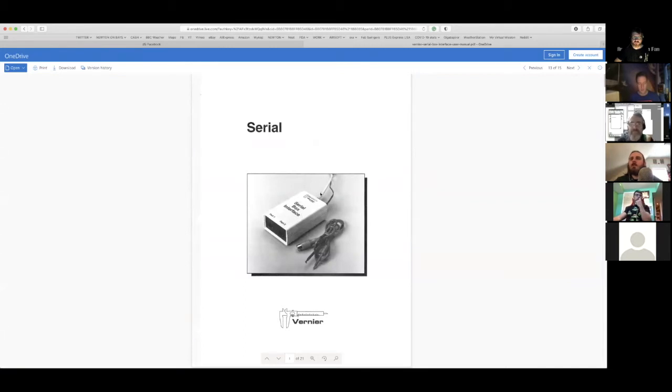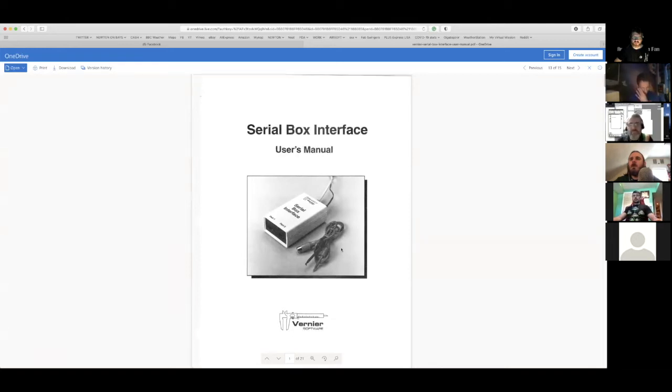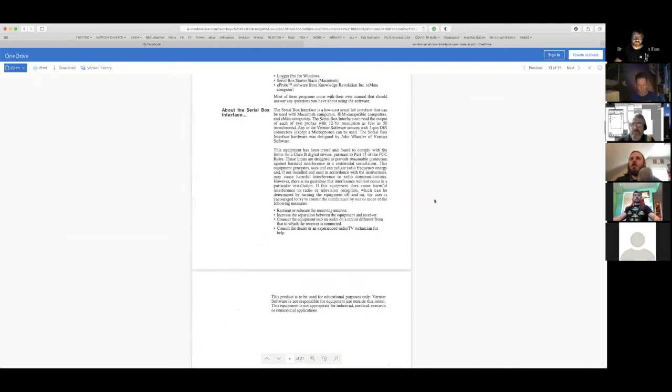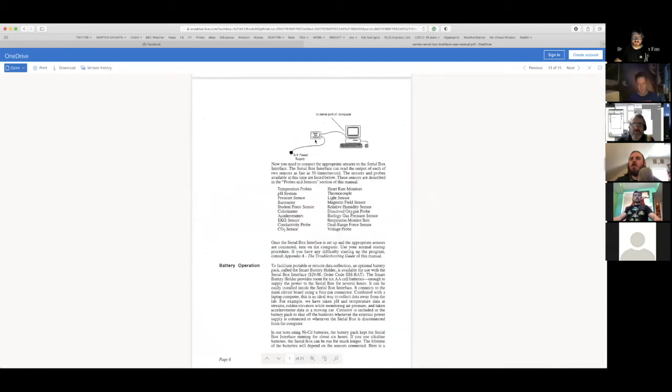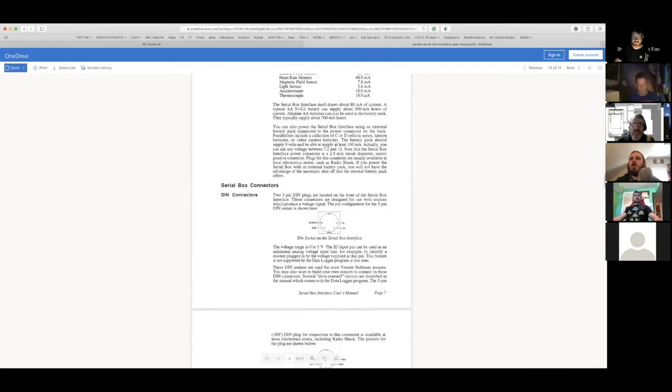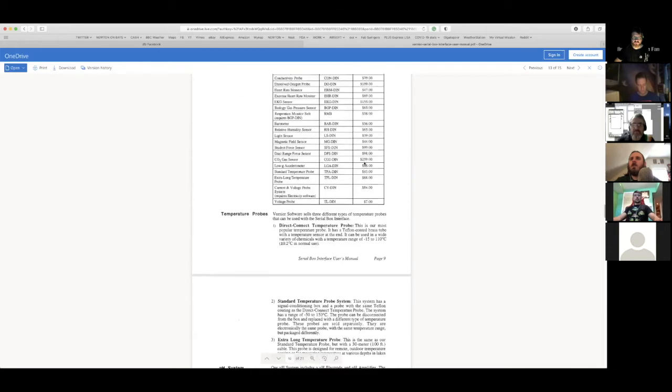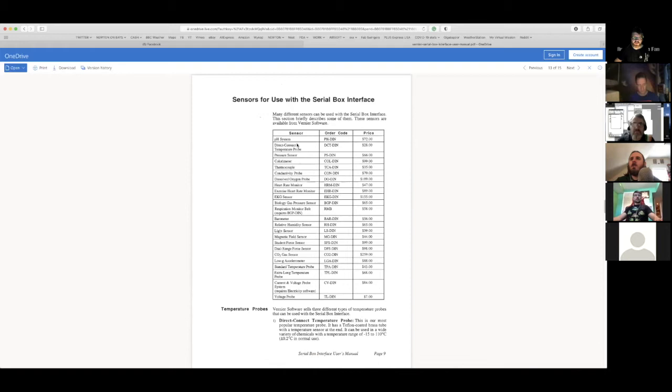You could connect that to the Newton, and here you have 2 ports. You could connect external probes like voltage, temperature, or something like this. Yeah, so that was the schematic of how to connect the probes to the computer, and here you have a list of the sensors.